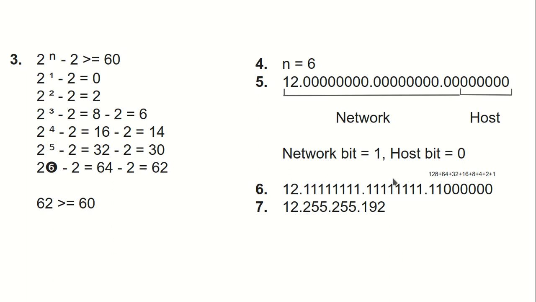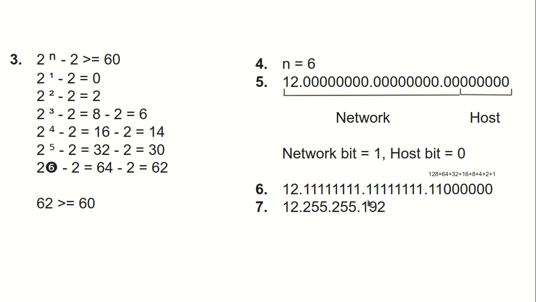And if I add the decimal values of these 1s also, it will also be equal to 255. But if I add the values of only these two 1s, it will be equal to 128 plus 64, and the result would be 192. So this is the number that I have taken from the decimal values, not the actual numbers.